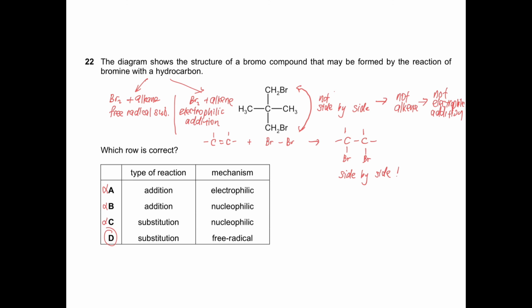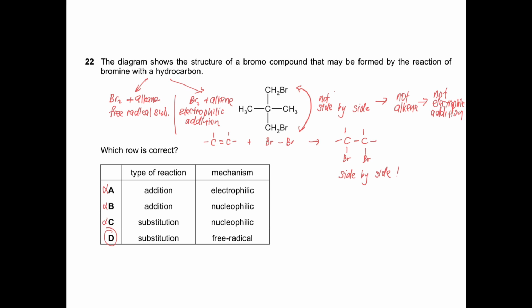So why free radical substitution? You may think about it in this way. It is free radical substitution because it happens randomly. Imagine that bromines which form free radicals can go anywhere to substitute the hydrogens.